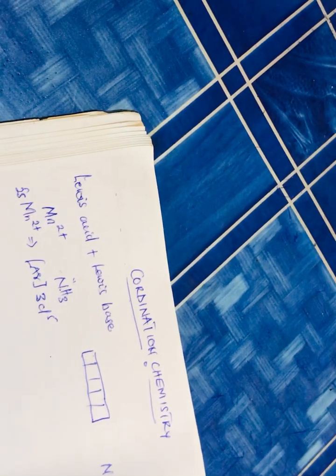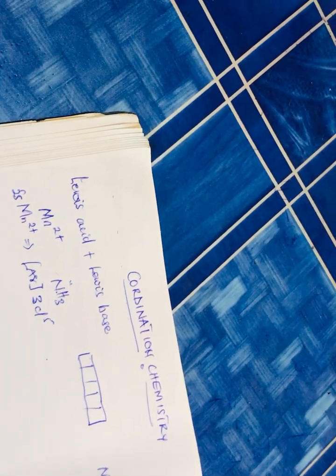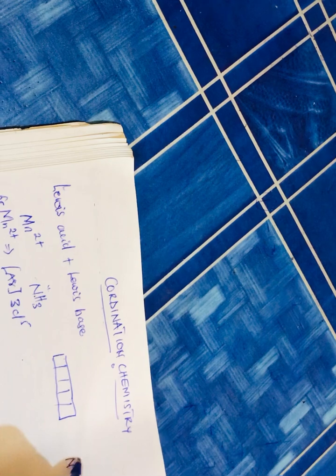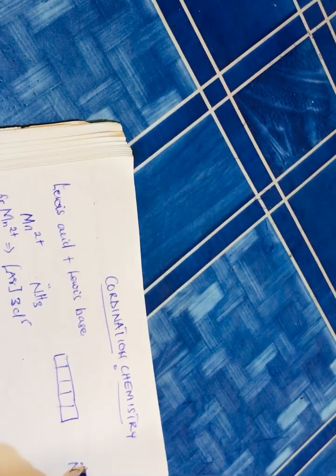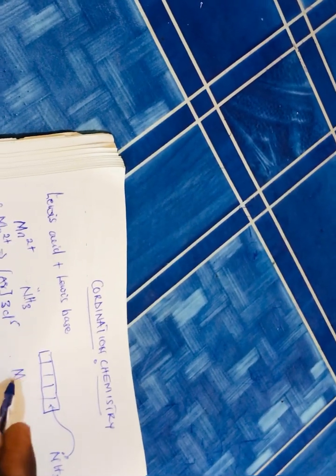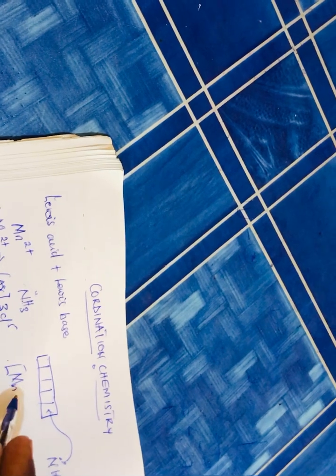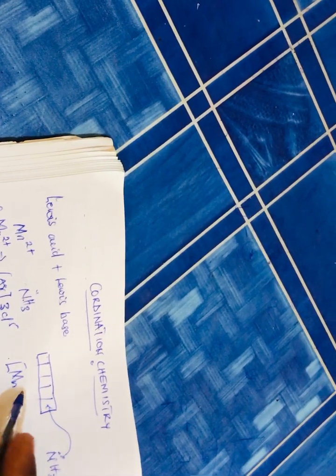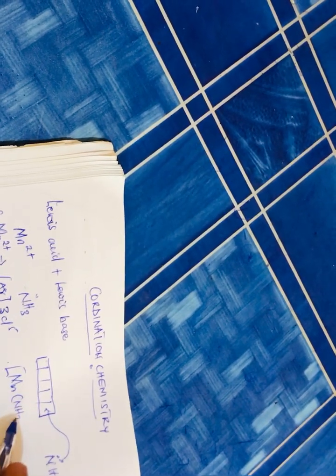Ammonia over here. Ammonia, which is a base, will donate an electron to this orbital. And when it happens like that, we are going to get a complex like this. This was 2+.